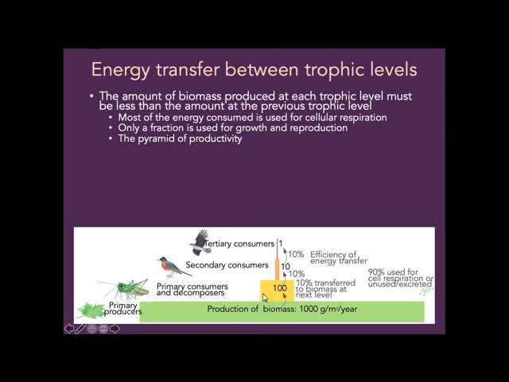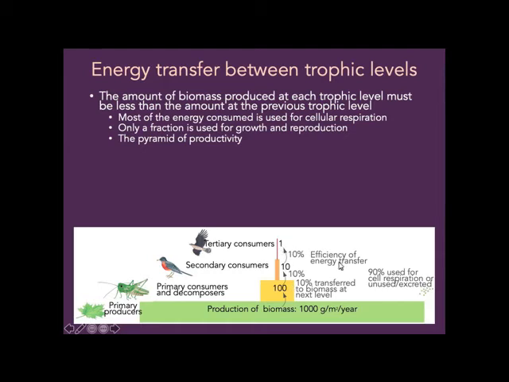And then the birds eat the grasshopper, and so that 100 grams per meter squared per year is only made into 10 grams per meter squared per year of bird, and then the tertiary consumer is eating the secondary consumer, and so that is being made into only 1 gram per meter squared per year of hawk, okay? So at each stage, only 10% of the biomass is transferred to the next level.